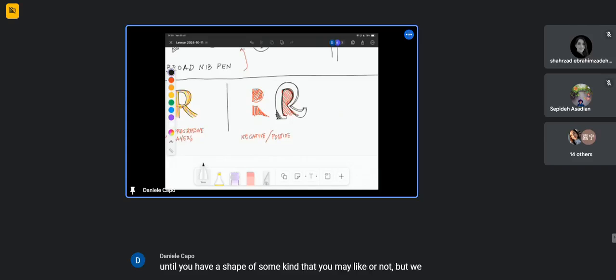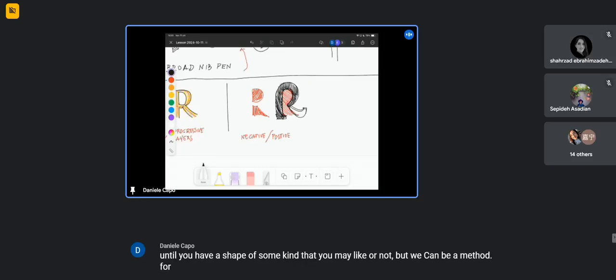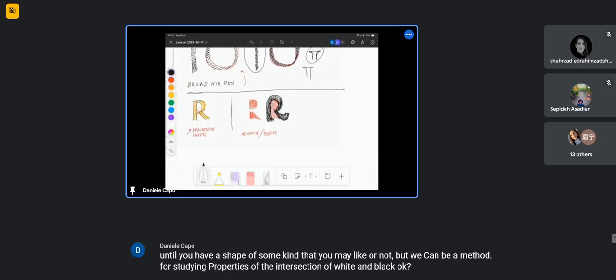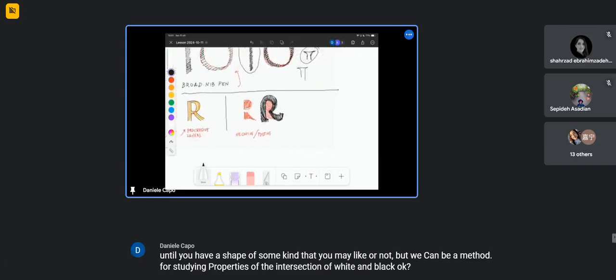By the way, it can be a method for studying the properties of the intersection of white and black, okay? Okay.